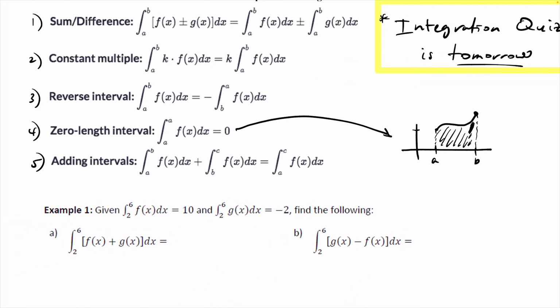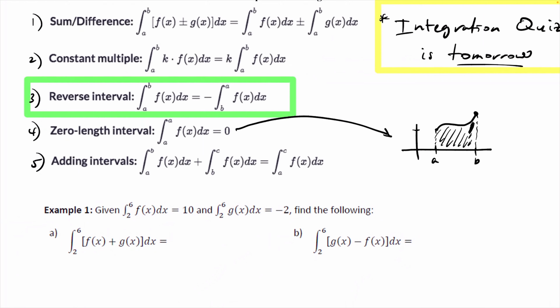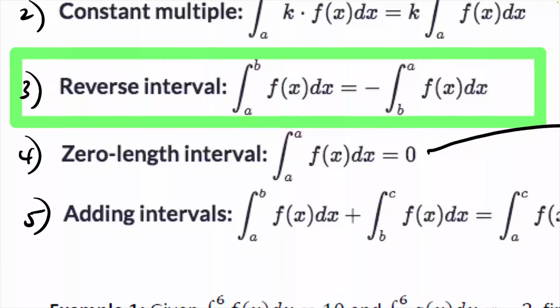The biggie which we're going to see a lot is number 3. Number 3, reverse interval. So look at the bounds. What are the bounds doing from each side of the equal sign? They're flipping, right?